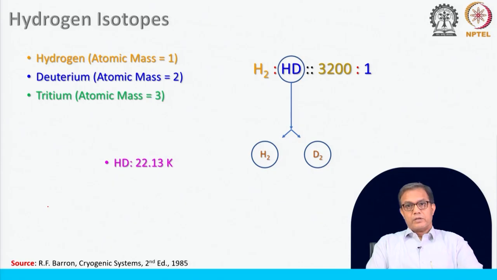Now, the normal boiling point of hydrogen, we have seen, is 20.27 Kelvin. Deuterium boiling point is 23.67 Kelvin, and hydrogen deuteride, that is another diatomic molecule, has a boiling point of 22.13 Kelvin.